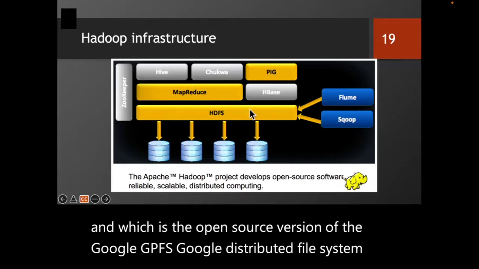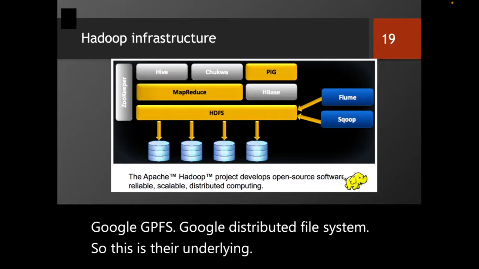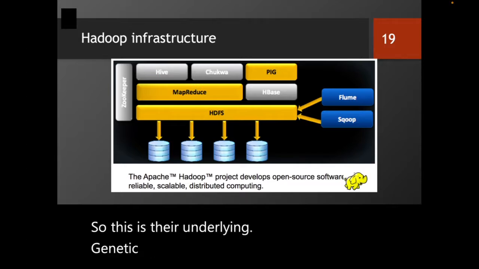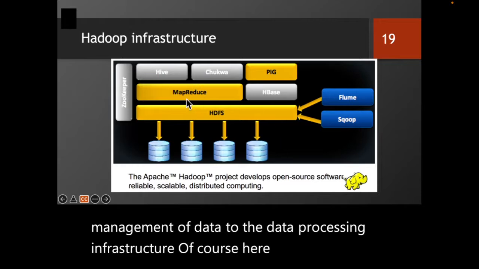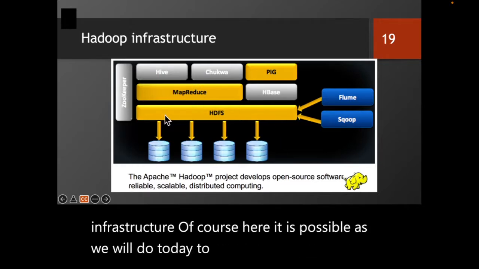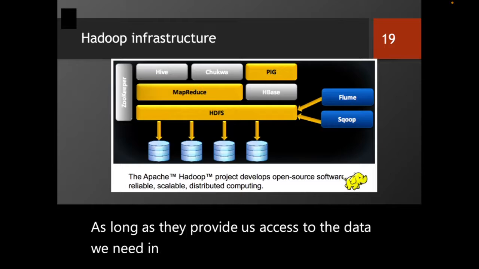This is the underlying generic storage support that provides management of data to the data processing infrastructure. Of course, here it is possible, as we will do today, to have other options, as long as they provide us access to the data we need in order to run our programs.